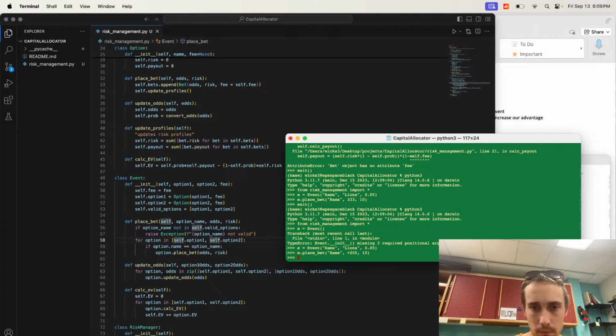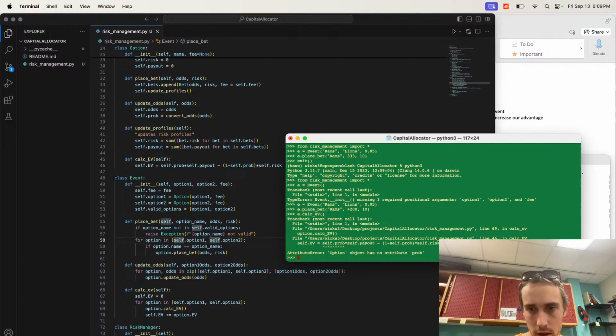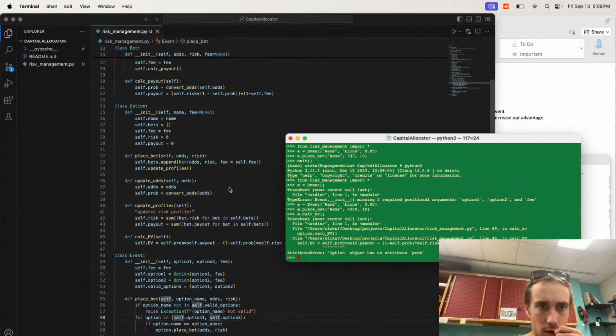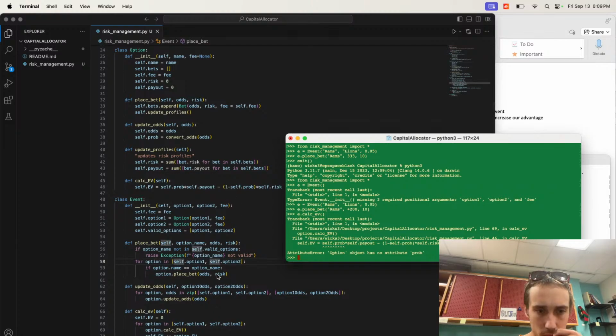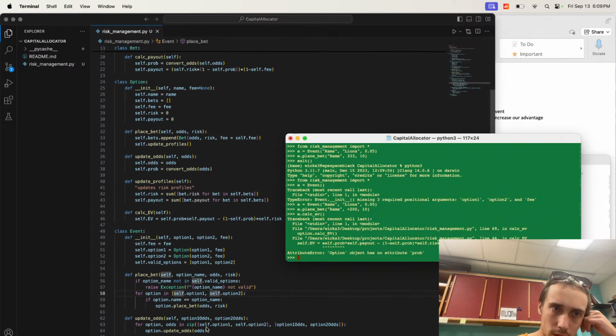Now, e.calc ev. Option object has no attribute prob. Calc ev.